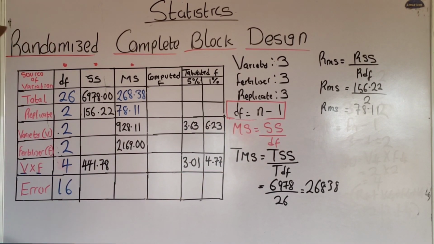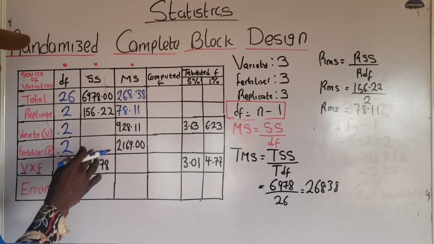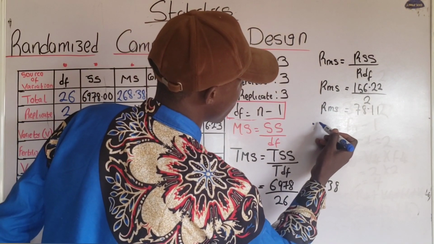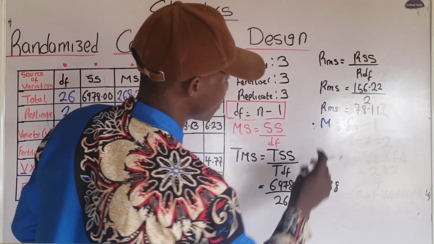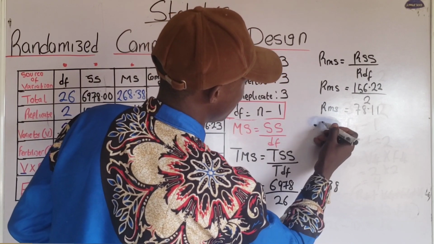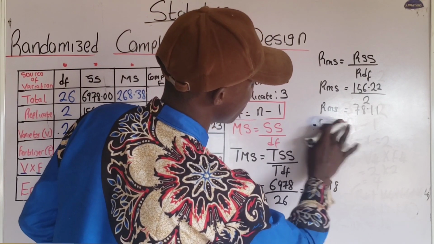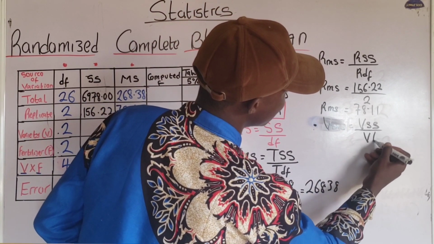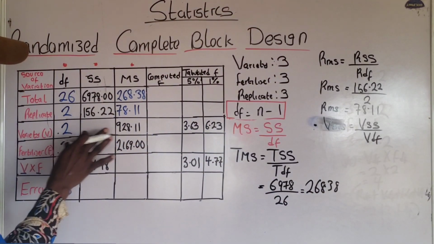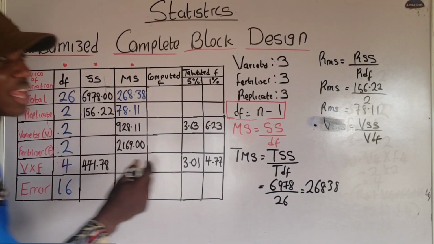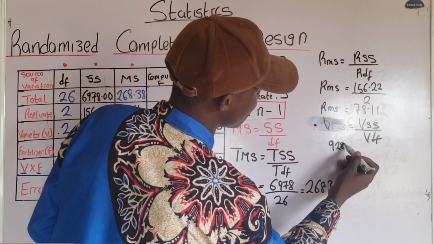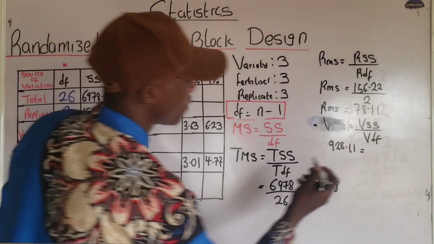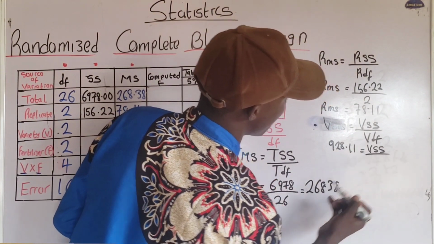So variety mean squared is equal to variety sum of squared all over variety degree of freedom. The variety mean squared is 928.11. The variety sum of squared is unknown.